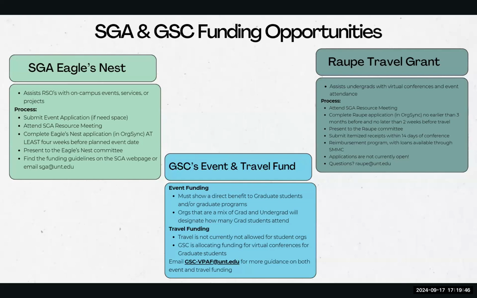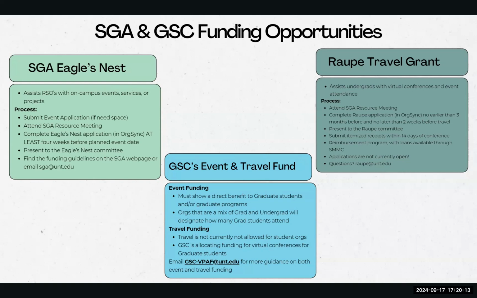The next one I wanted to go over is the RAP Travel Grant. RAP assists undergrads with virtual conferences and event attendance. So if there's a conference that your organization is interested in traveling to or participating in virtually, you can fill out this form. Again, you have to attend the SGA resource meeting and complete the application on OrgSync, no more than 3 months before and no later than 2 weeks before travel.